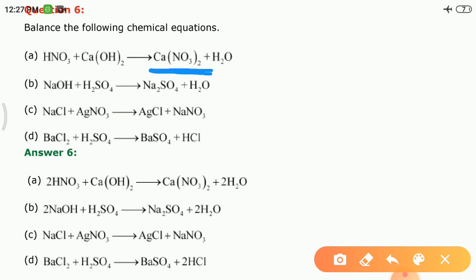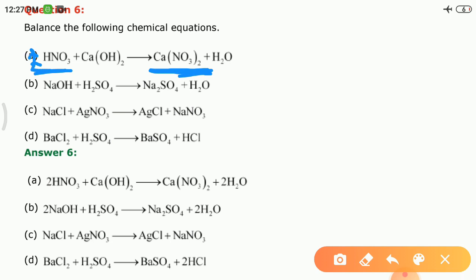It means after the reaction a minimum of 2 nitrate ions will be required. कम से कम 2 nitrate ion हमें चाहिए. So from where are we getting the nitrate ion? We are getting the nitrate ion from HNO3. It means minimum 2 HNO3 should be there.